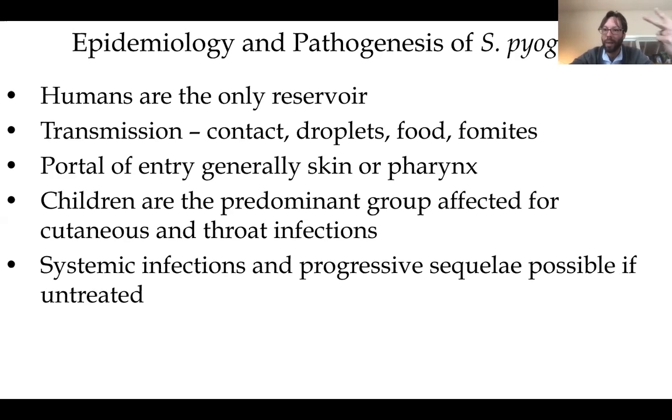Two, because of their behavior. Luckily, it's treatable and they usually have a sore throat and then they get over it. But if it becomes systemic, this can lead to progressive sequelae, which, remember, is prolonged illness, damage from prolonged chronic illness that goes untreated.